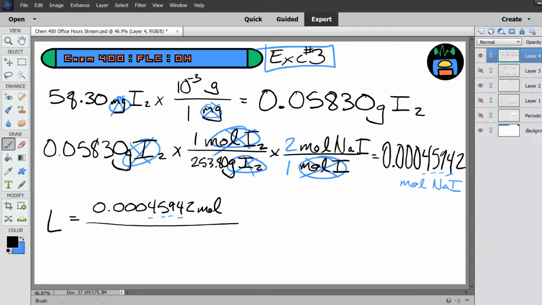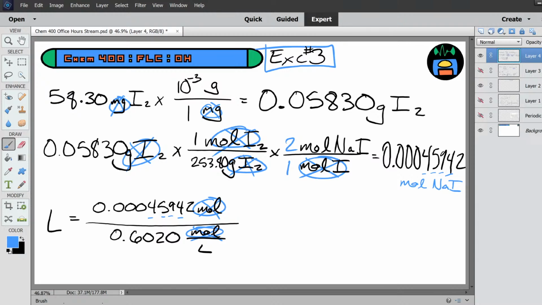Our original molarity was 0.620. And whenever I punch molarity into a mathematical calculation, I break it up into the numerator and denominator because it helps me see what units cancel.